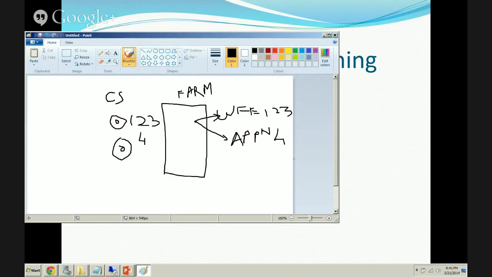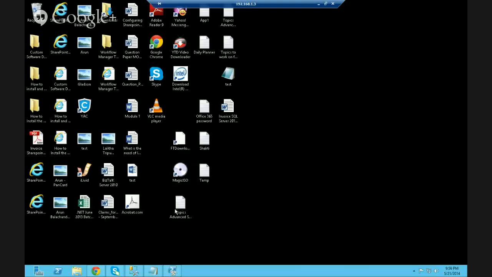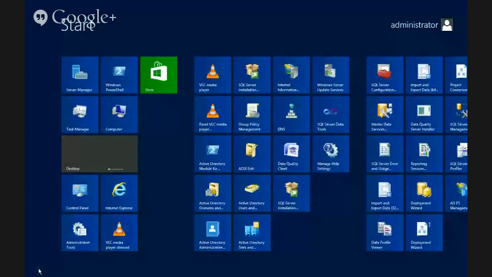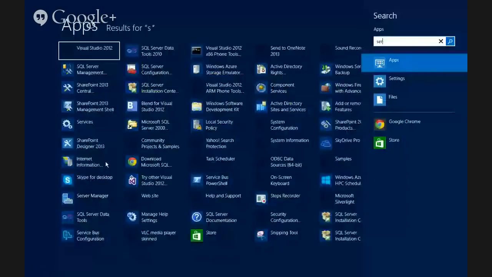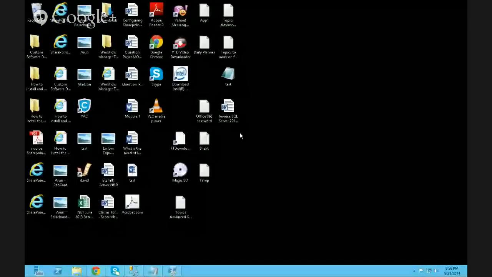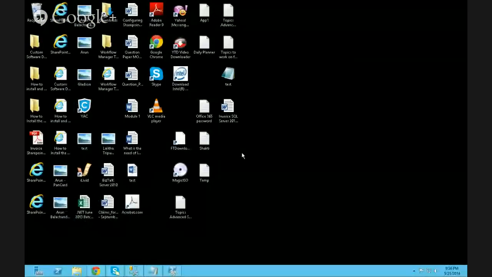So let me quickly show you an example here. This caching service we decided was to have a Windows Server AppFabric cache. So let me go back and go to the services window in my server. So this is my server that I'm looking at, and you move on to the server services window.